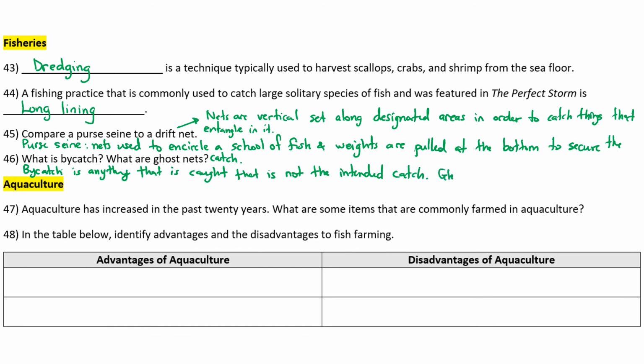Ghost nets are nets left behind by fishermen that cause entanglement.